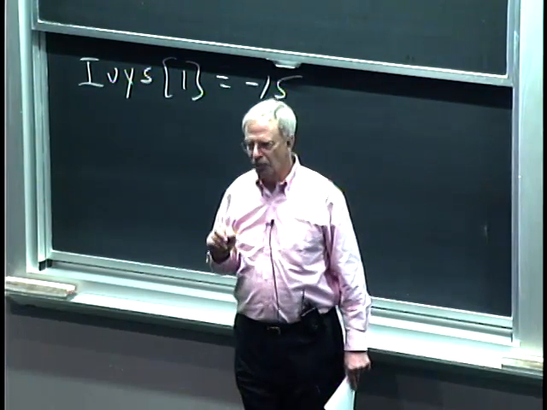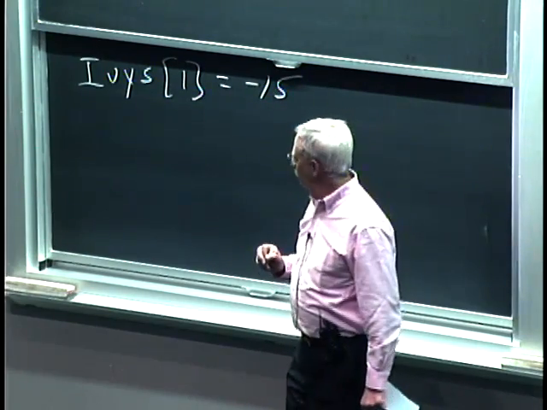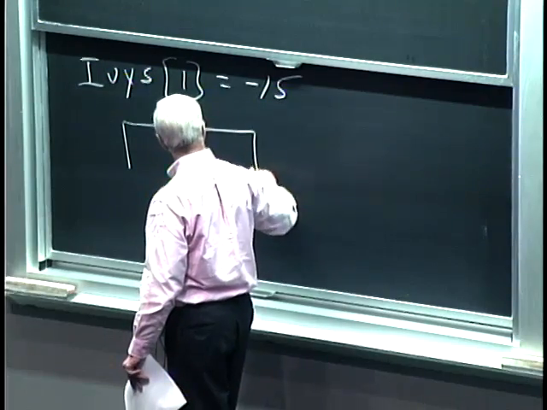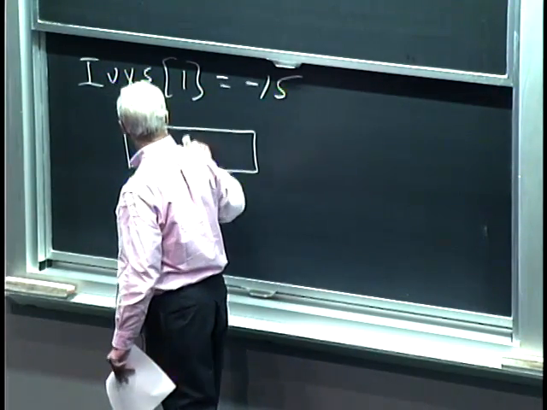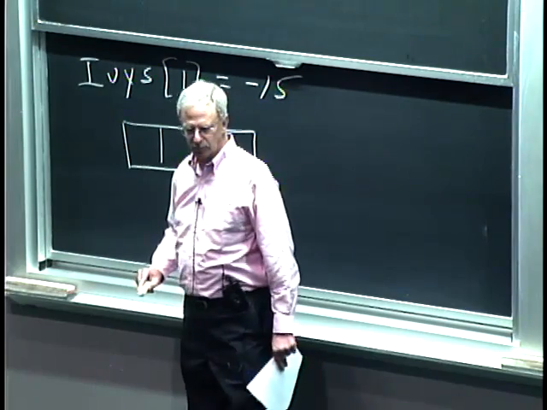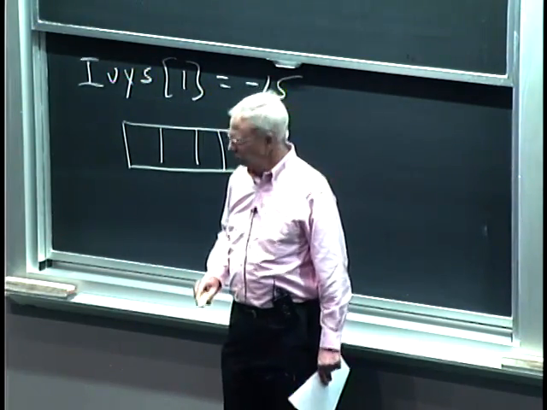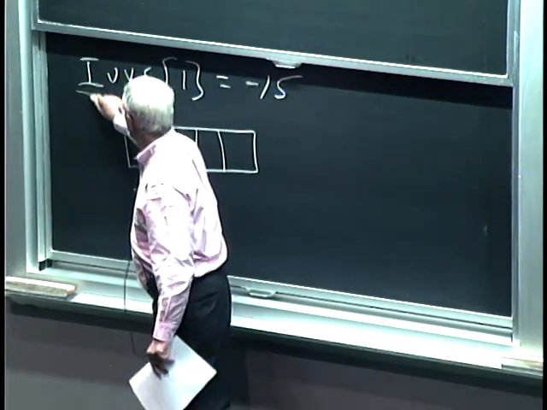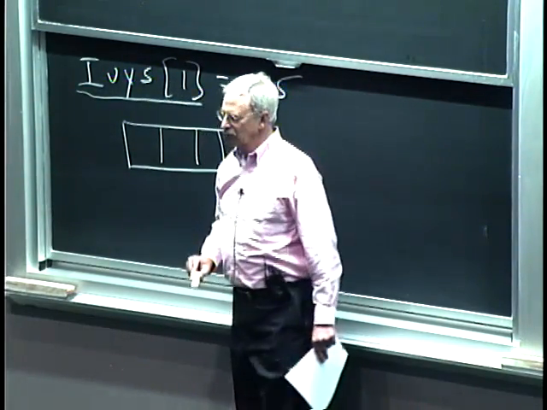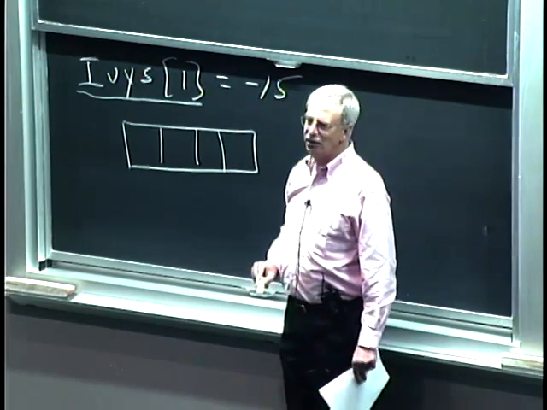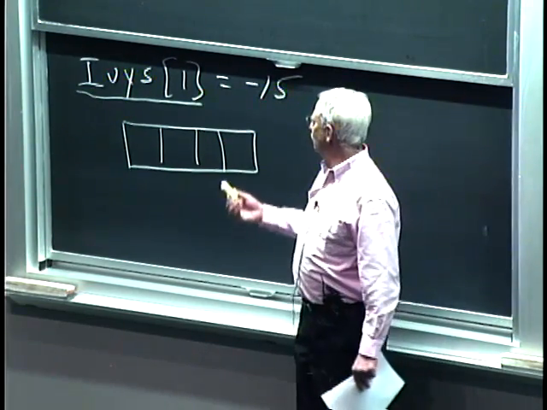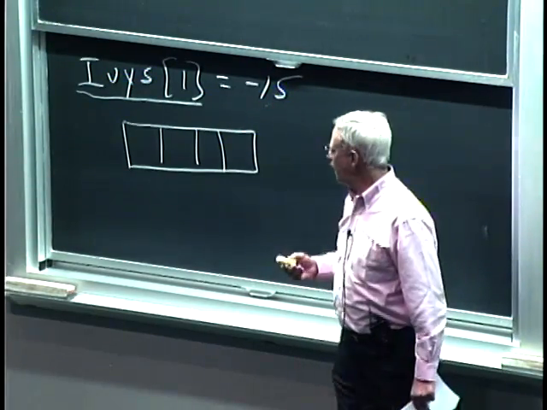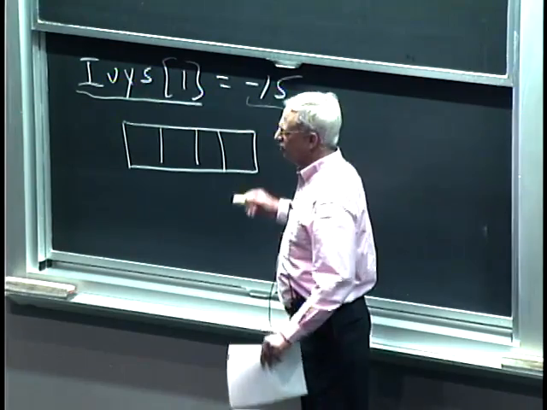If you think about it, that makes sense, because a list is a sequence of objects. And what this says is the object named by the expression IVs sub 1 is now bound to the object, if you will, named by the constant minus 15.